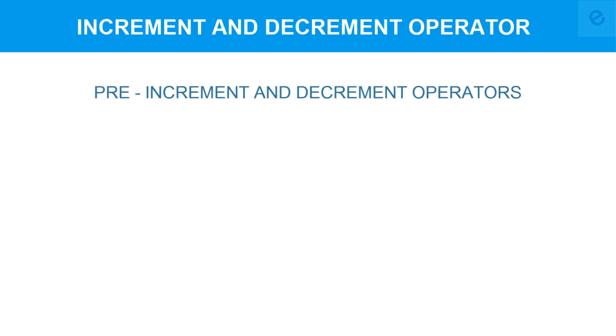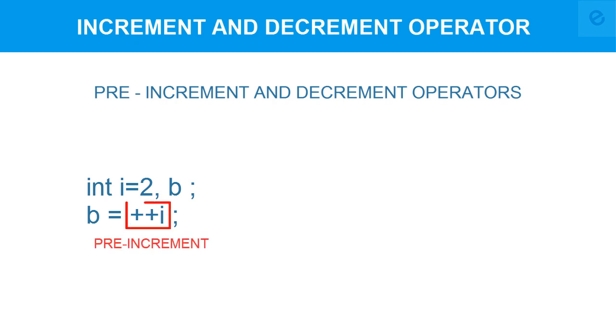Now let us talk about the pre-increment and pre-decrement operators. Suppose we have an integer I whose value is 2 and another integer b which is uninitialized. We have written that b equals ++I. If the increment sign is before the variable, then it is known as the pre-increment.